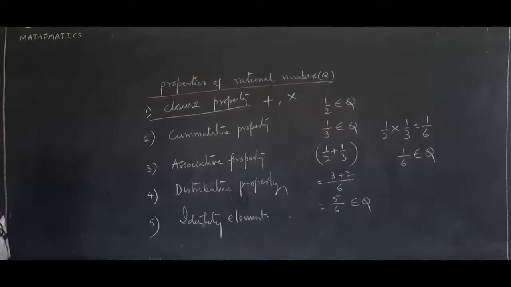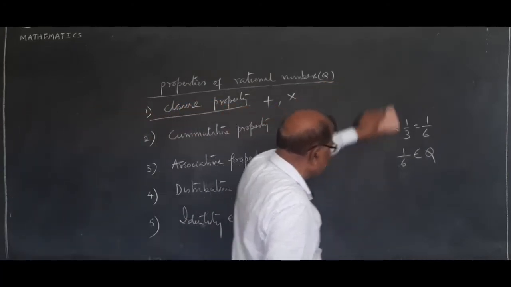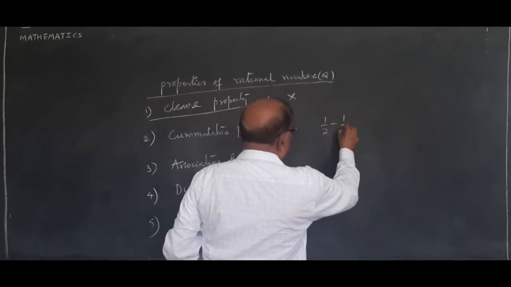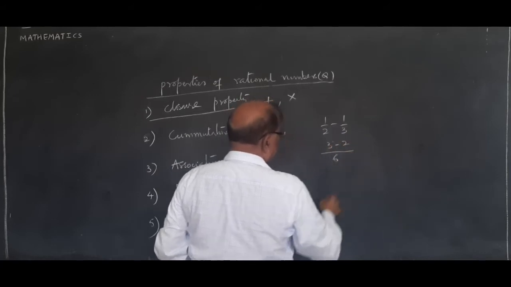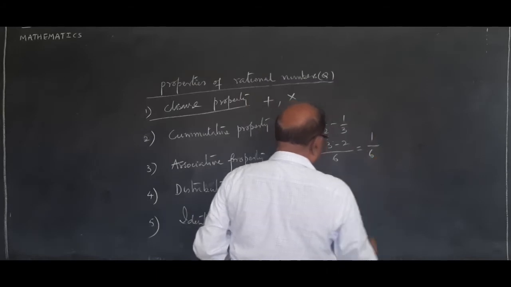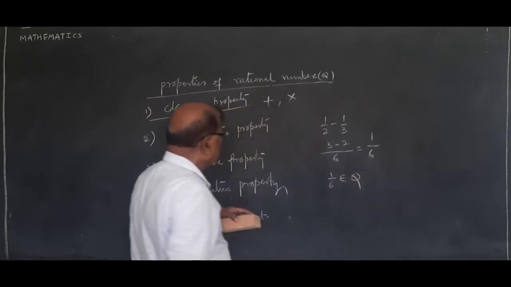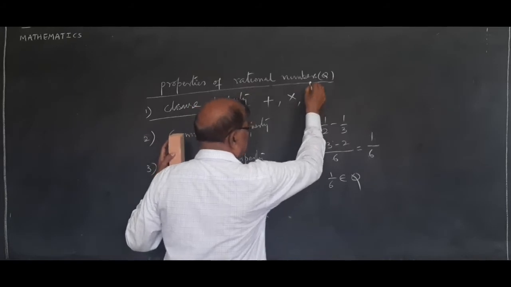Let us see in subtraction also. 1 by 2 minus 1 by 3, LCM is 6, 3 minus 2, so 1 by 6. 1 by 6 also belongs to Q. So, it is also applicable in subtraction.